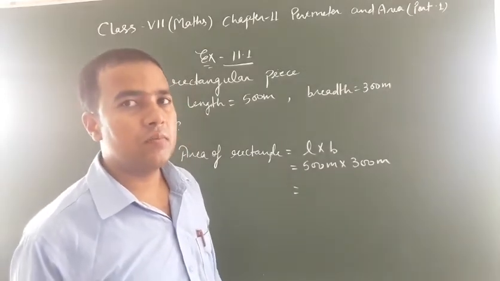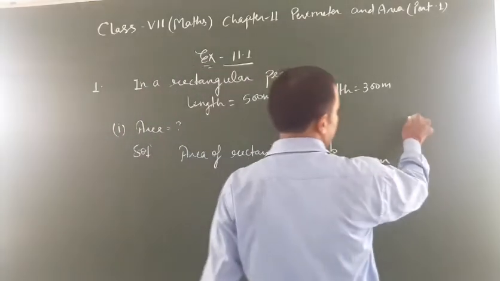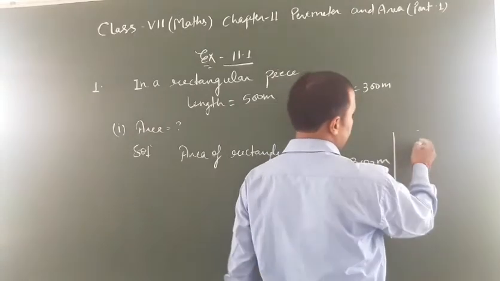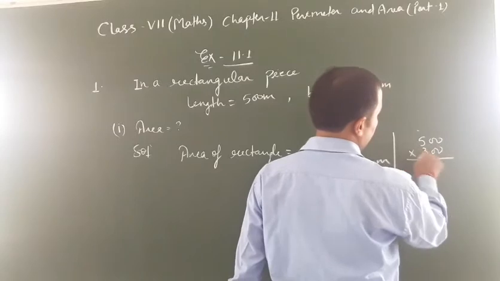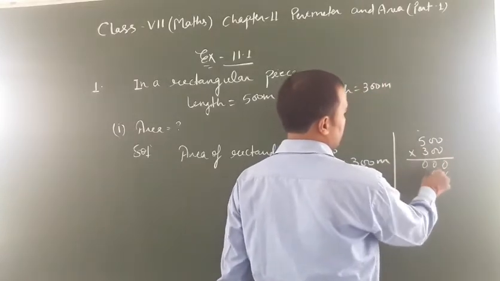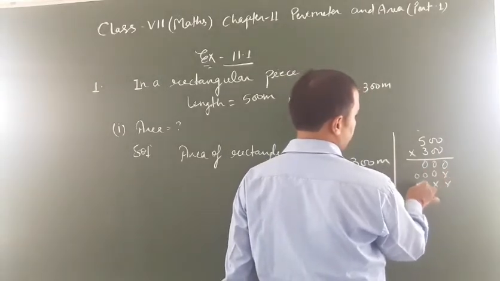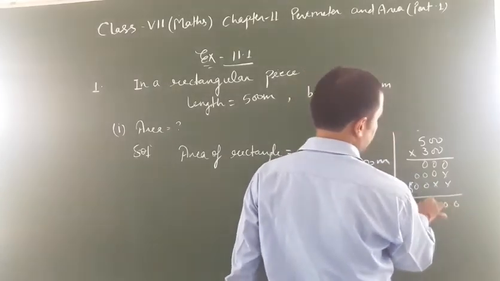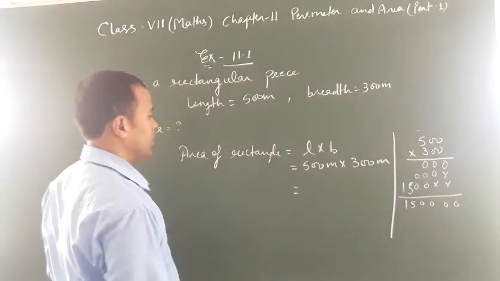Multiply, you know that, but once again I am telling you. 500 times 300: zeros, zeros, equals 1,50,000.